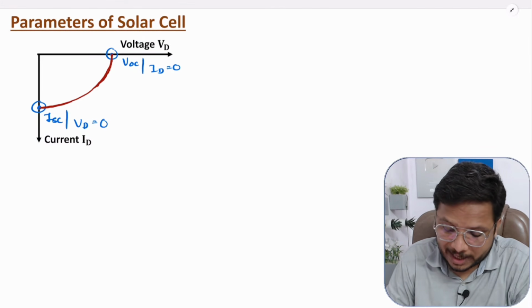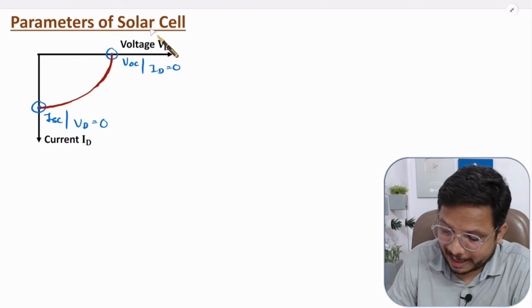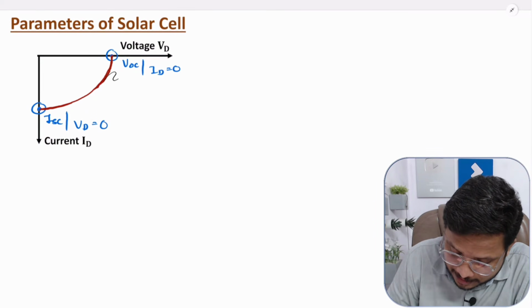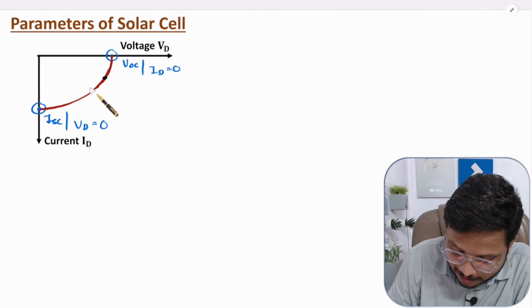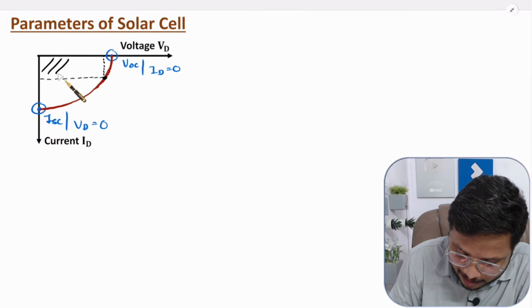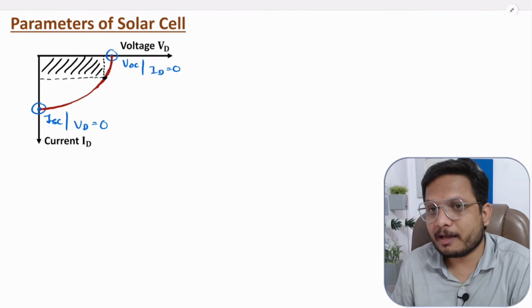Now how are we generating power? For that, let me consider one example here. If I say this is the point at which we are operating the solar cell, then if you want to calculate the power at this point, that power will be this area, right?